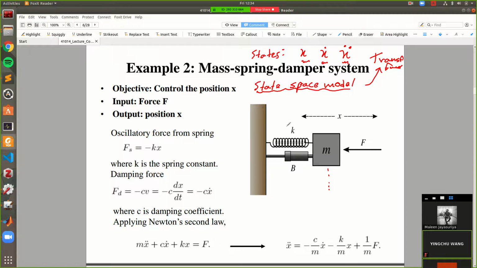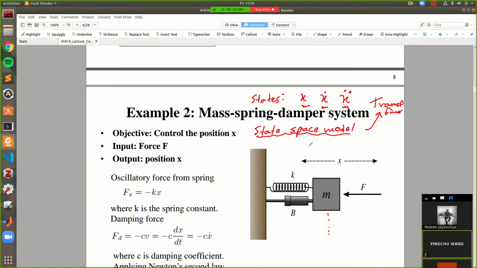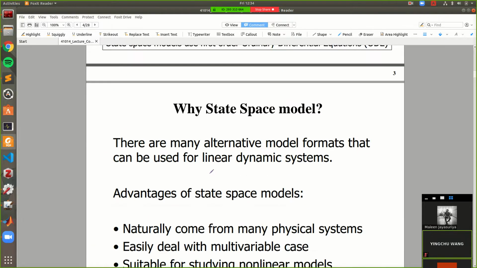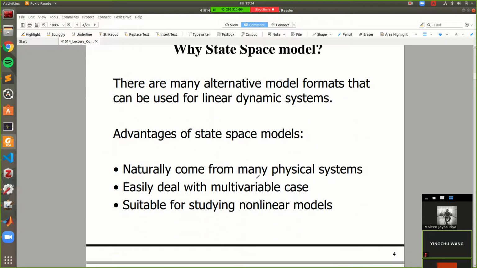So I'm going to explain what a state space model is, but before that, some of the advantages of using a state space model are given here. It's very easy to derive a state space model because it directly comes from the physics of the system. So Yingshu, since you're interested in physics, this will actually be pretty straightforward. We're actually using physics which describe the relationship between physical things such as forces and these states to model it.